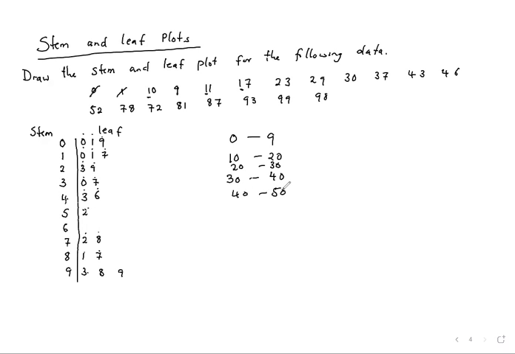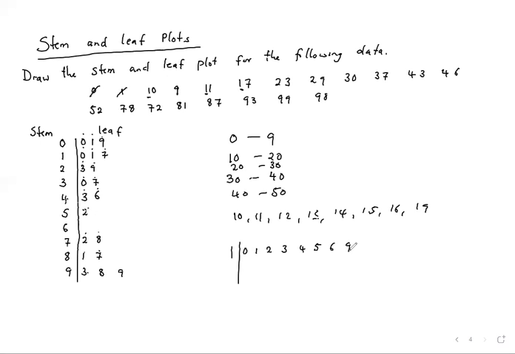Instead of repeating and writing numbers 10, 11, 12, 13, 14, 15, 16, 19, the stem and leaf will just ask you to write 1 once, and then you block. 10, you just write 0. 11, you just write 1. 12, you just write 2, 3, 4, 5, 6, 9.